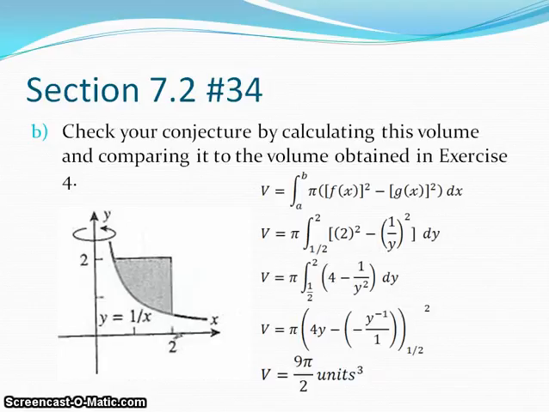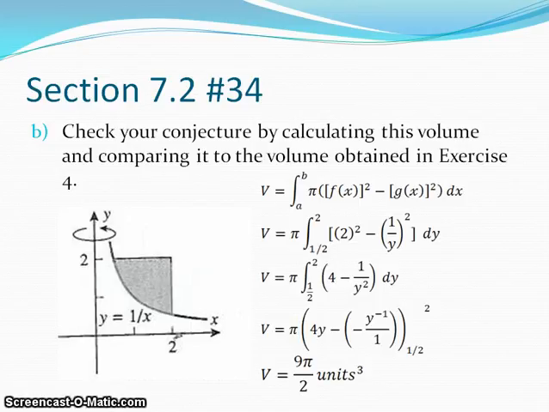Part B. Check your conjecture by calculating this volume and comparing it to the volume obtained in exercise 4. First, the equation for the volume is the integral from a to b of pi times f of x squared minus g of x squared with respect to x.